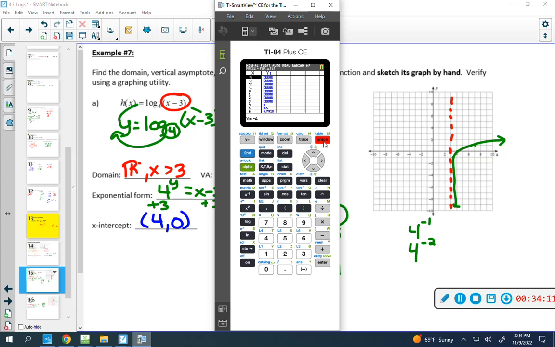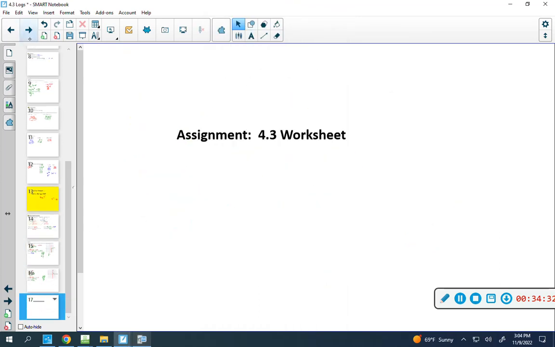Clearly you can see, remember our domain, we had to be over 3, because that is an issue. So that is why the first value you get is 4. Your domain is x is greater than 3. So that's how you can type those in. But also be proficient at doing them without your calculator, right? Okay, any questions on the calculators? Punching those in. I think everybody's hopefully got it.